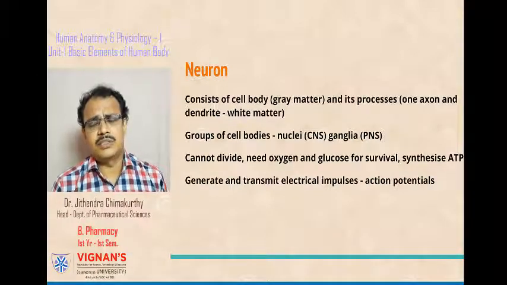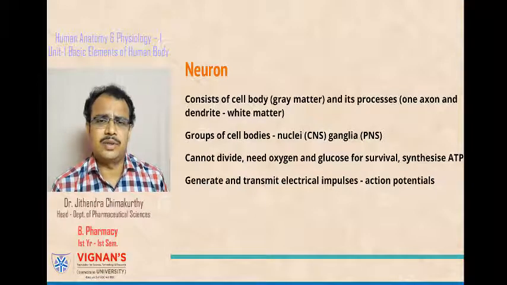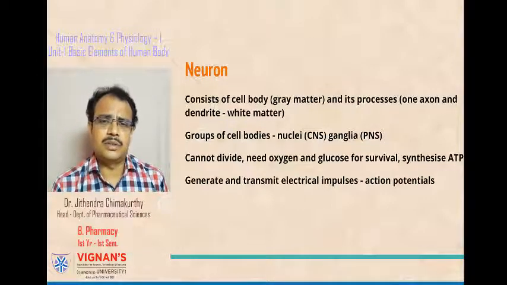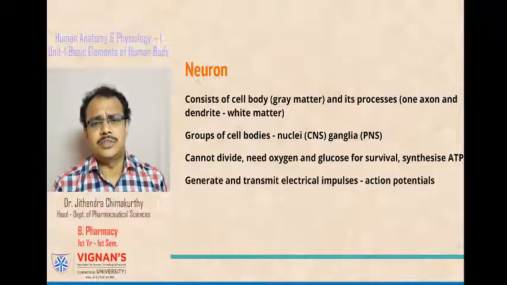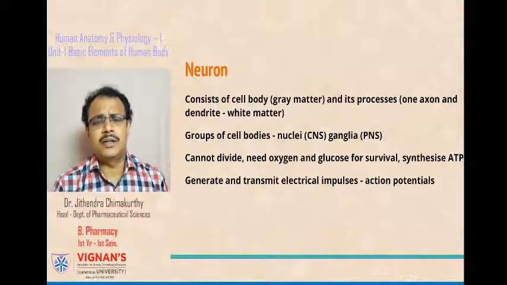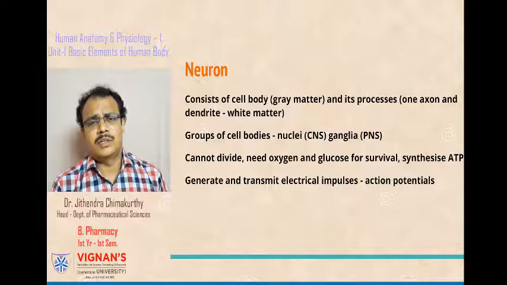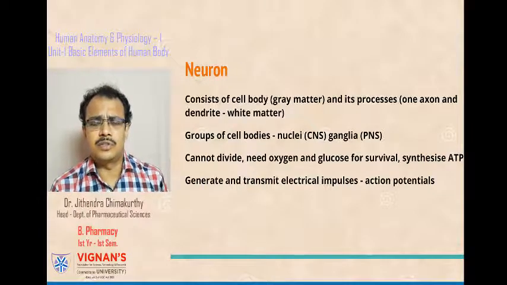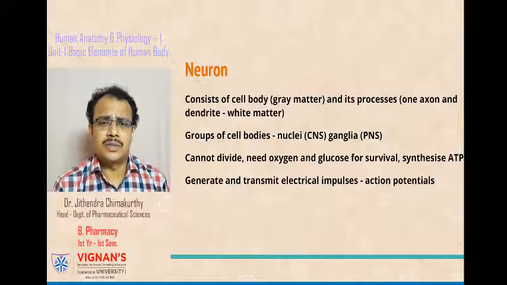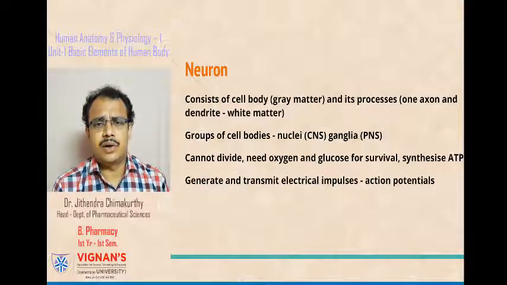The membrane of the axon is called the axolemma, and based on the presence of myelin sheath on the axon, these neurons are categorized into myelinated neurons and non-myelinated neurons. Myelinated neurons are generally long.